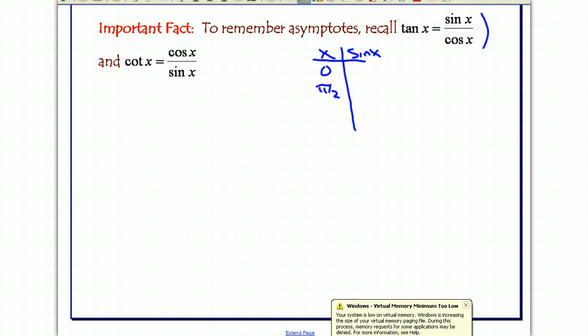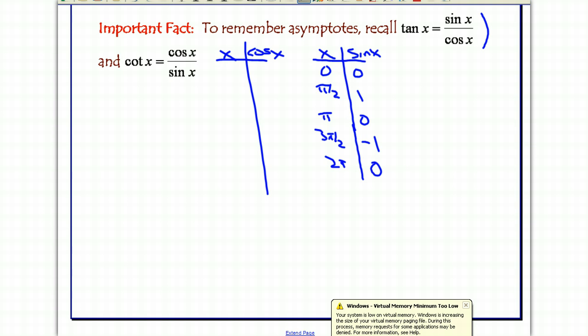Remember your key points are 0, pi halves, pi, 3 pi halves, 2 pi. And for sine, you should remember how they go. For cosine, we've got x, cosine of x, the same key points. And cosine, you should remember, they go 1, 0, negative 1, 0, 1.